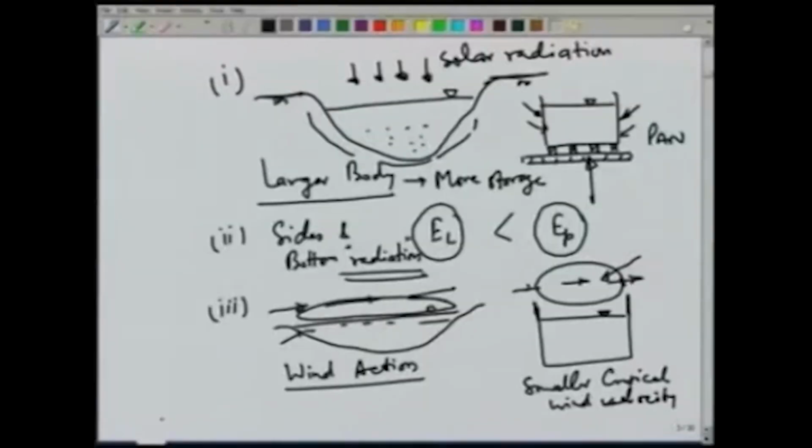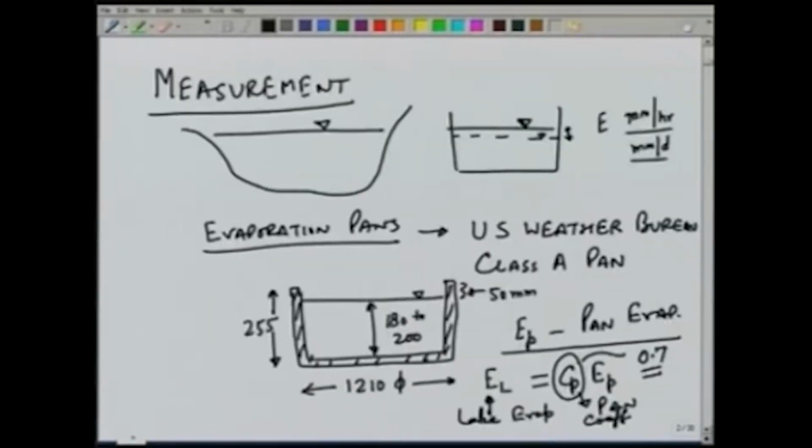So, because of all these factors, size, the material, wind action, open to atmosphere, because of all these factors the pan evaporation is higher, and therefore we need to use a coefficient of 0.7 for class A pan.